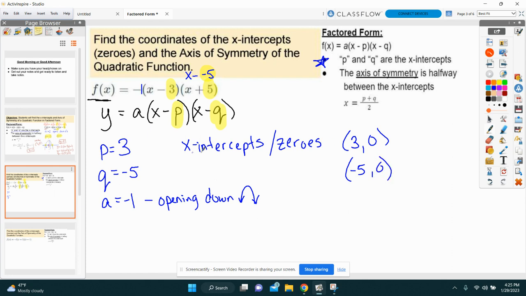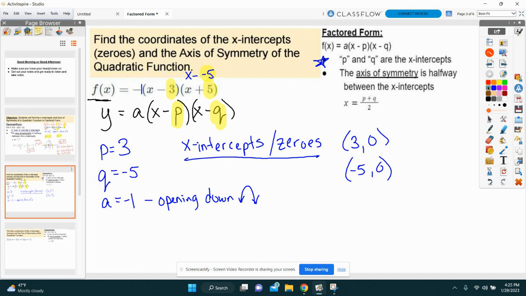Because we're finding the x value when y is 0. That's also why it's called the zeros. So these are x-intercepts, p and q. I'm not sure if your homework is making you just type in 3 and negative 5, or if you have to write it as a coordinate point. So I'm going to do both for you. So that's our x-intercepts right there.